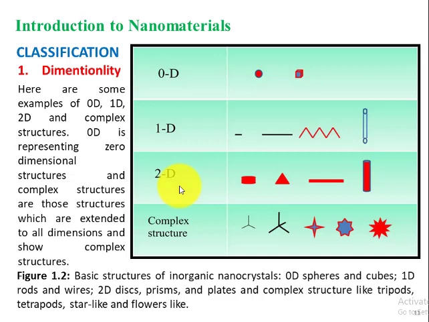There are also some complex nanostructures which are either three-dimensional nanostructures or condensed three-dimensional structures. These are helix, some stars, some tetrahedral structures. So all of these structures are three-dimensional nanomaterials.